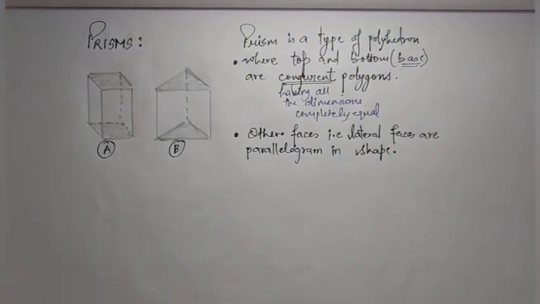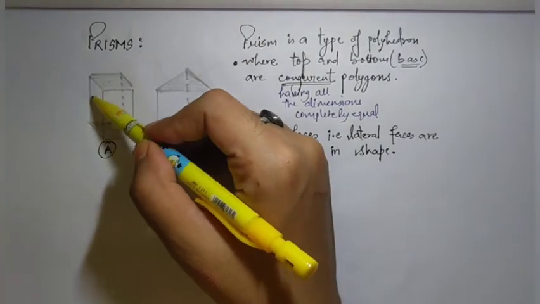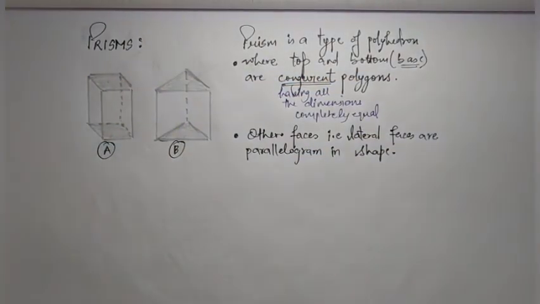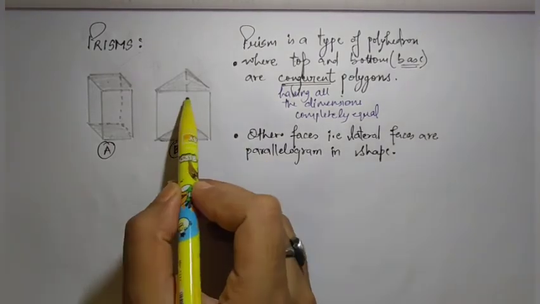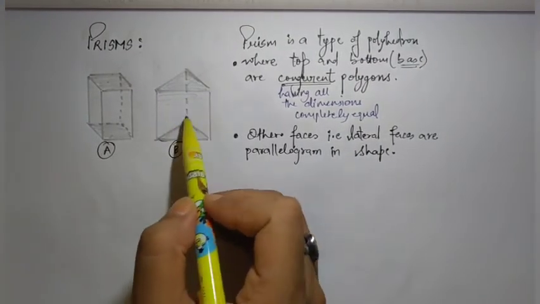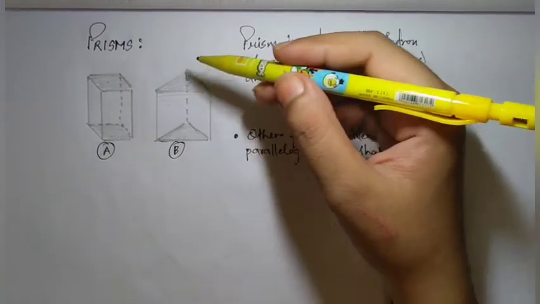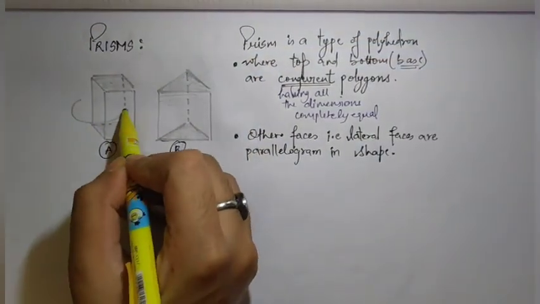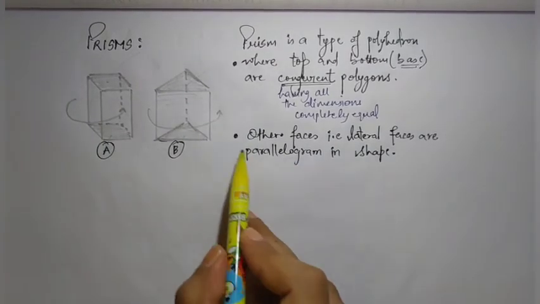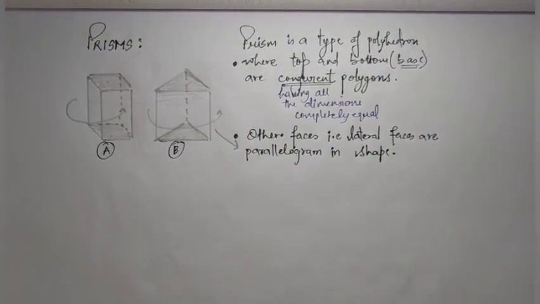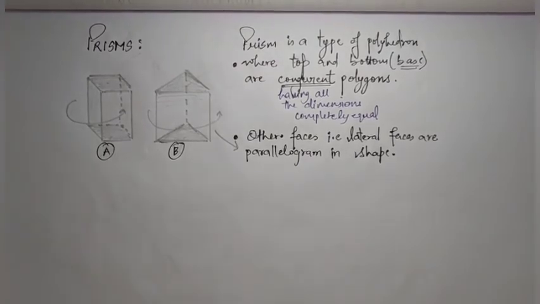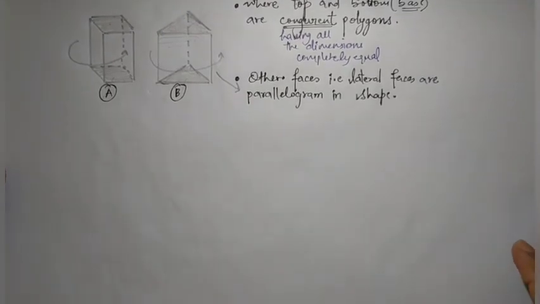You see, the other faces like this is a parallelogram, although it seems like a rectangle, but a rectangle is a parallelogram. This is a parallelogram, opposite sides are parallel. This is a parallelogram, this is a parallelogram. So the lateral surfaces here are parallelograms. So these types of combinations in a polyhedron form a prism. Another that we are going to study is the pyramid.